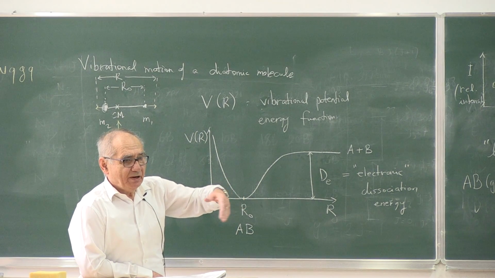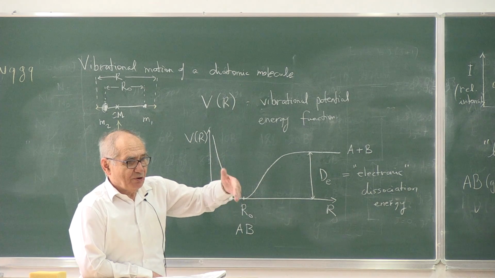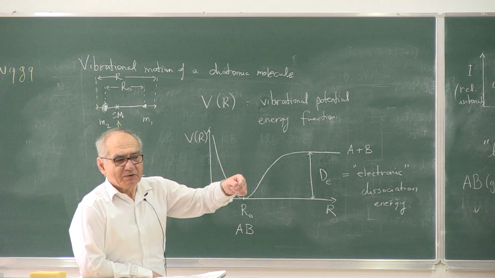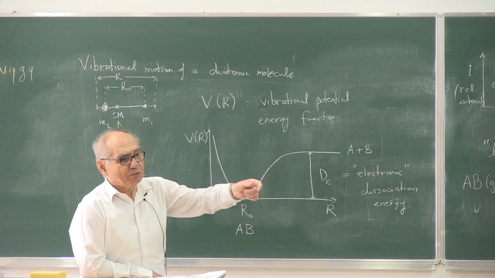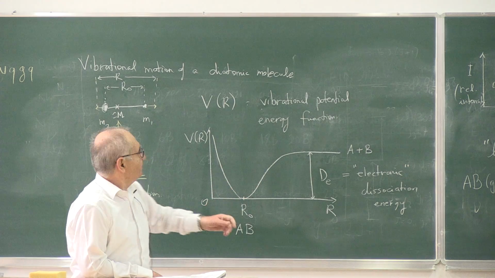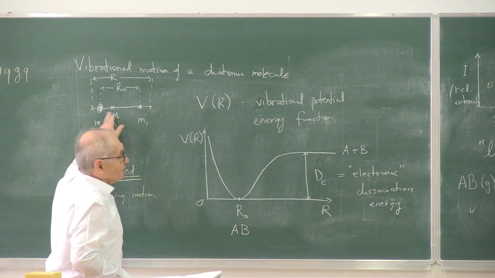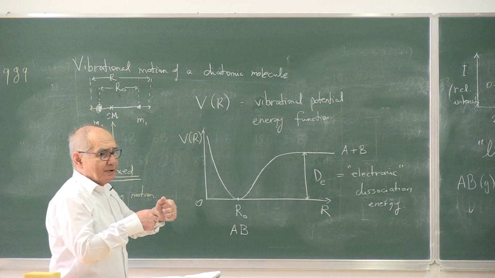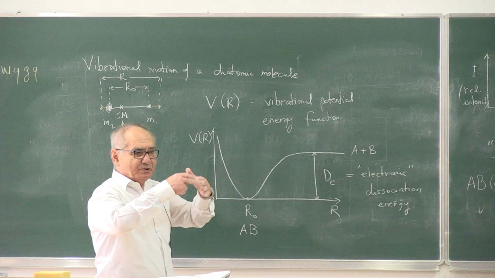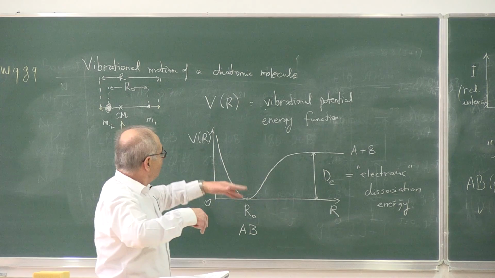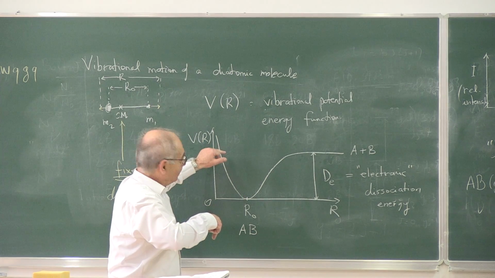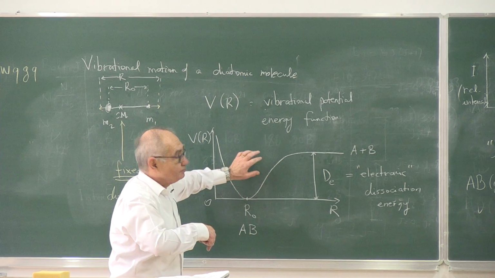So we solve the Schrödinger equation for the motion of 2 electrons as a function of the distance between the 2 nuclei, and that electronic energy curve as a function of R produces this potential energy function, and it has such a shape.